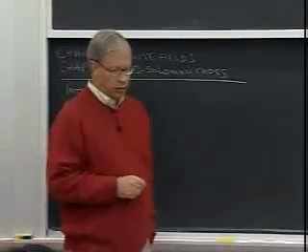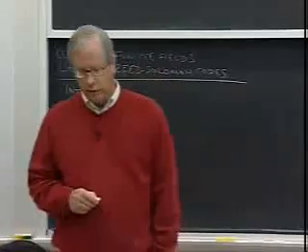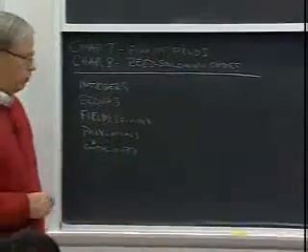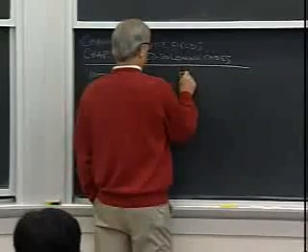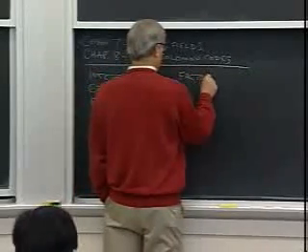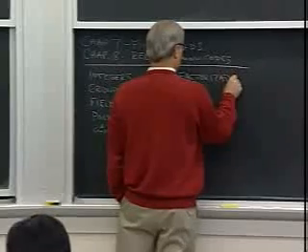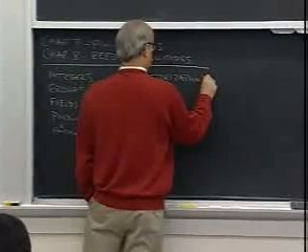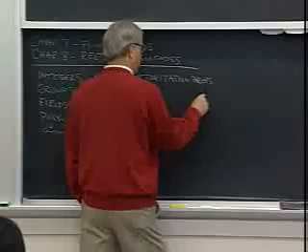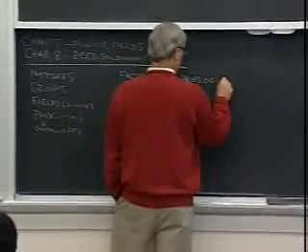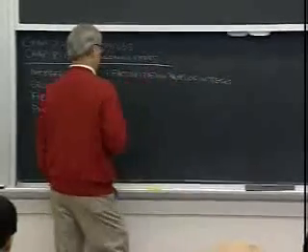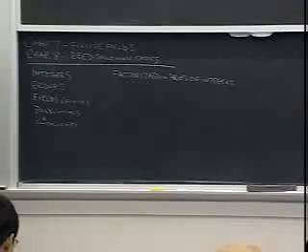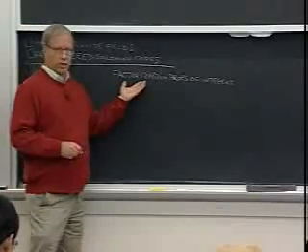We start with the integers for 2 reasons. One is you already know about the factorization properties of the integers. That leads to a little bit of number theory, which we're going to use when we talk about finite groups, cyclic groups. So this is just to remind you, but it's also to put up a template.